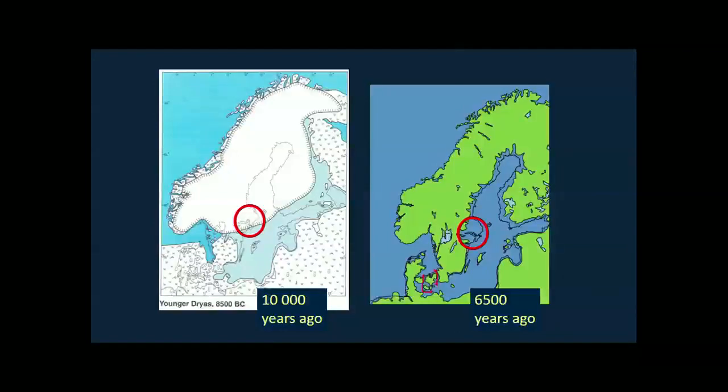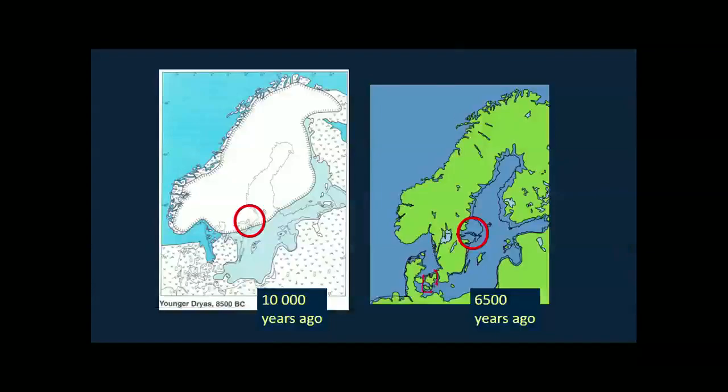And then 10,000 years ago, you can see to the left the map, where the red circle shows where I work. And to the right, that's how the land looked 6,500 years ago. You can see that the whole landscape was submerged underwater. So the water level here, where I work, is 160 meters below present day.